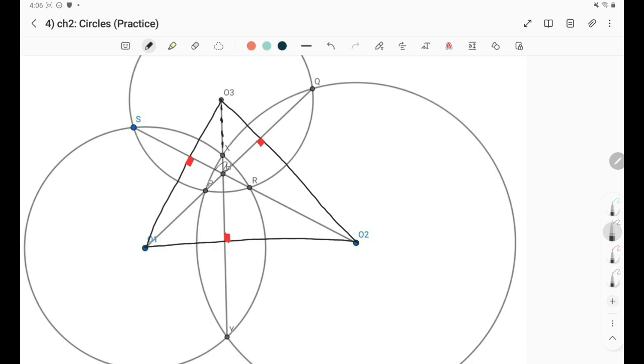So we already know that H is the orthocenter of this triangle. So that means the line O3H should be perpendicular to O1, O2. However, we already know that the line HX is perpendicular to O1, O2. So that just proves that O3, X, H, and Y are all collinear. And that actually finished the problem because we just showed that O3 lies on the radical axis. And yeah, that's it. We're done.